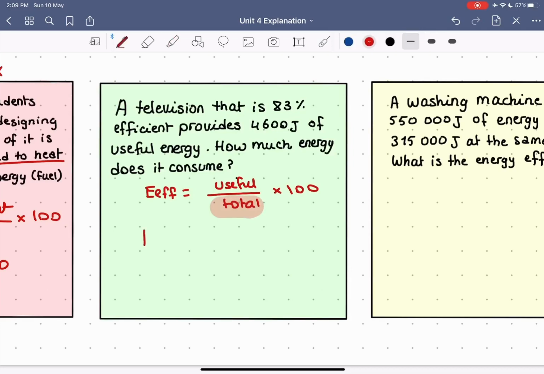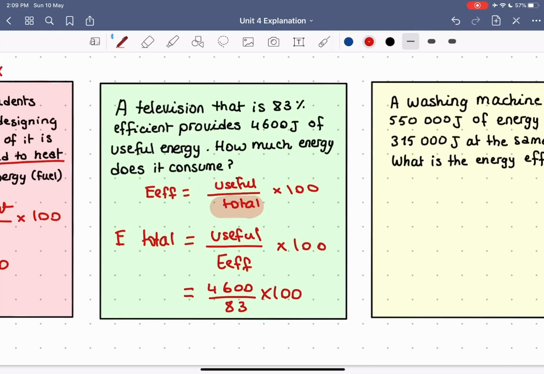So we will say total energy is equal to useful over efficiency times 100. And so by substituting everything given to us, we will get that the total energy provided to this television was 5,542 joules.